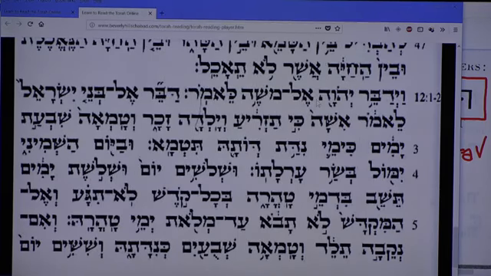Next word's Yahweh. Okay, we know who that is. El Moshe. I don't really know what it all means, but it's something about Yahweh speaking, something Moshe.